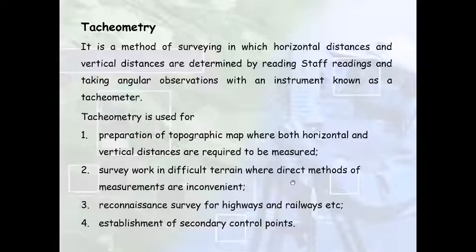That means you don't have to use a separate instrument for finding out horizontal distances. You don't have to use a measuring tape or an EDM, since you're working with a theodolite that has a tacheometer inside it, so it can help you calculate horizontal distances with the same setting of the instrument.